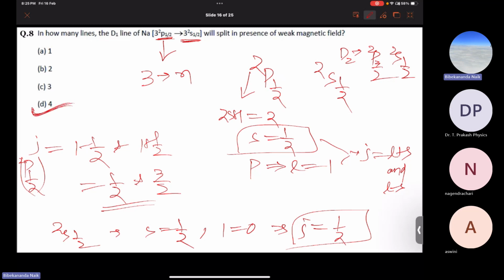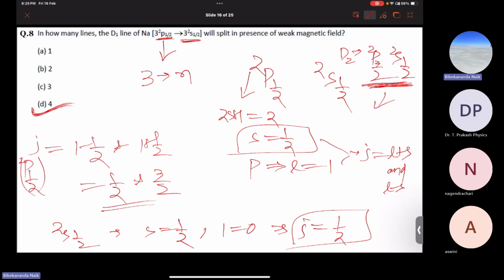Similarly, in case of the D2 line, can anyone tell me how many lines the D2 line will be split into in case of a weak magnetic field? Can anyone tell me?